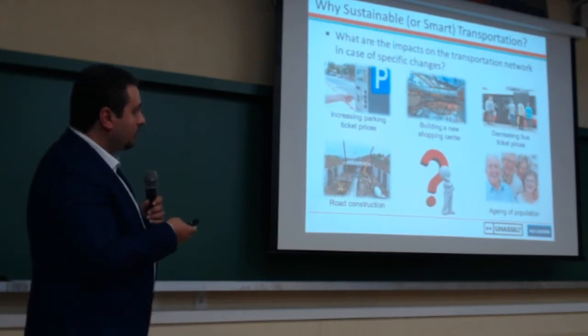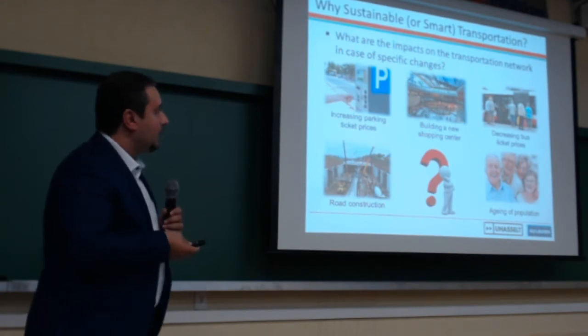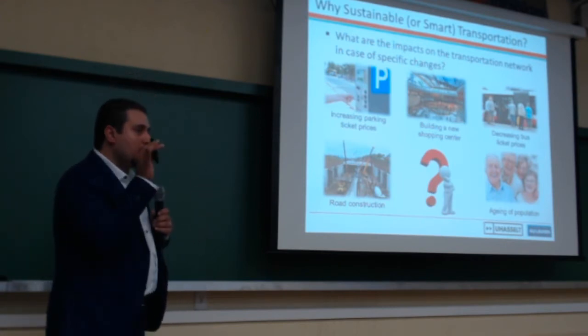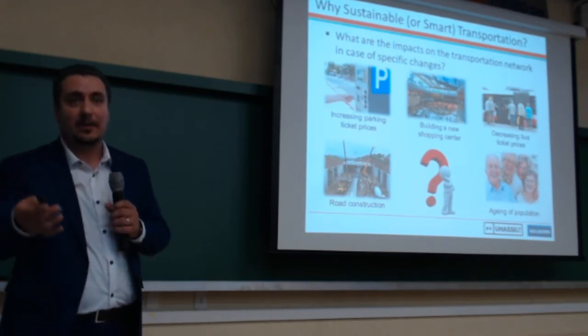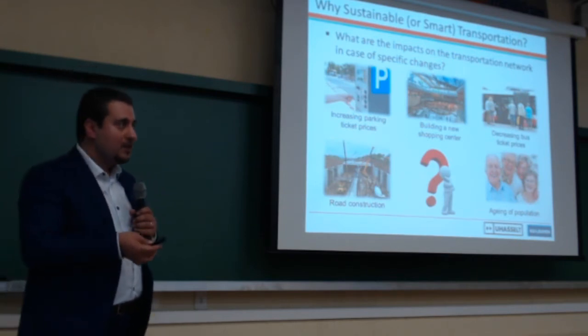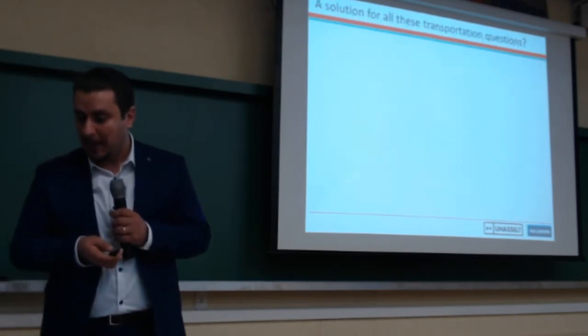So these are all different questions that are related to the general question that we have: what should we do in case of any changes, and how can we actually do that in a more sustainable or wise way?